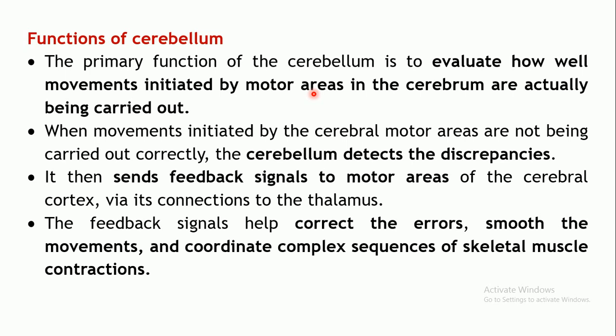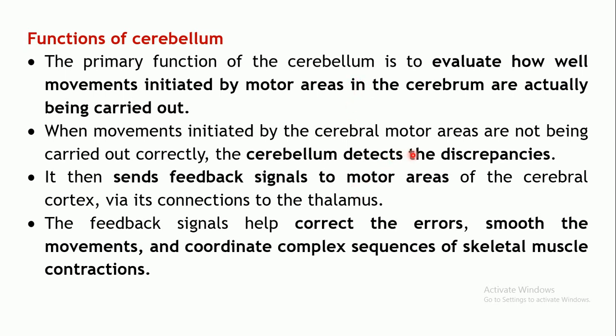Now remember, the cerebrum has a number of areas. So motor areas will send the impulses for some output, some movement. Now the cerebellum will continuously monitor whether these movements are being carried out appropriately or not. So that's being monitored by the cerebellum.